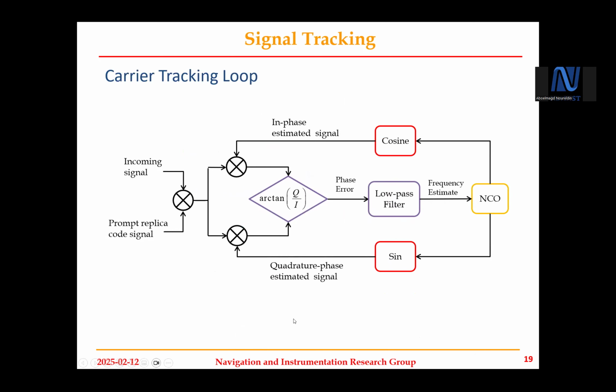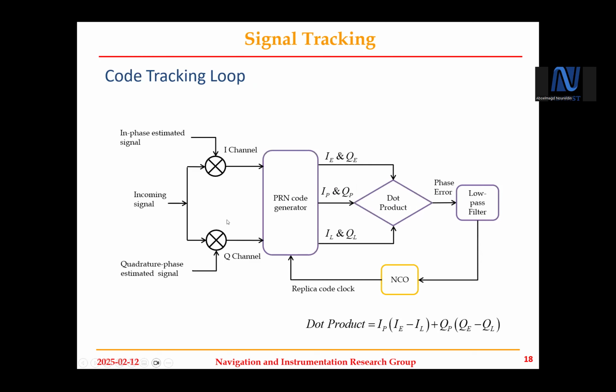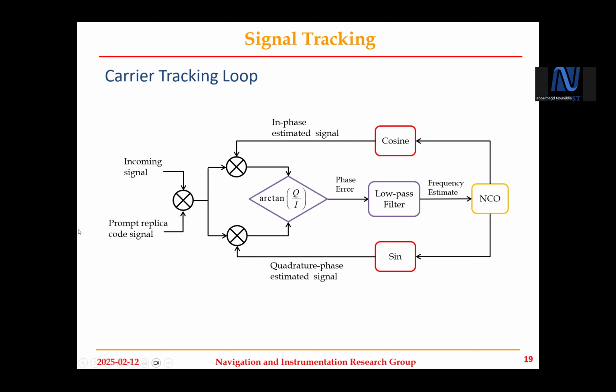On the other hand, here we assume that we have a prompt replica, as you see here. This is the output of this, the prompt generated here, right? So we go back, we assume we have a prompt replica code signal. We use it as input. We multiply it by the incoming signal. This multiplication, you can see it as a correlator or multiplication or whatever.